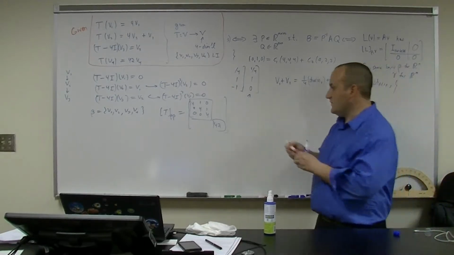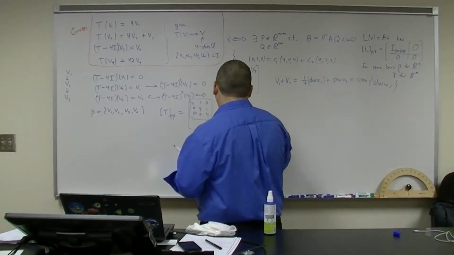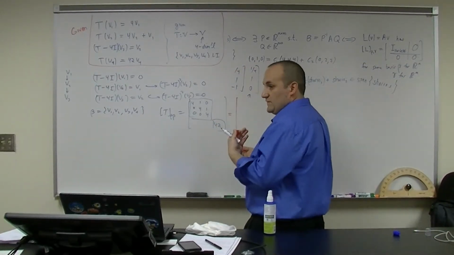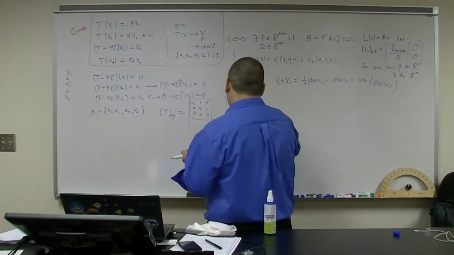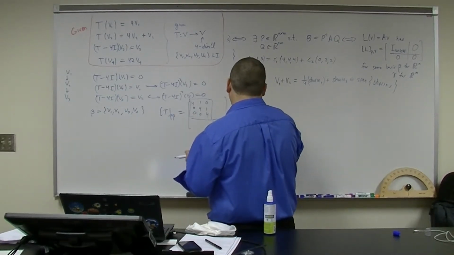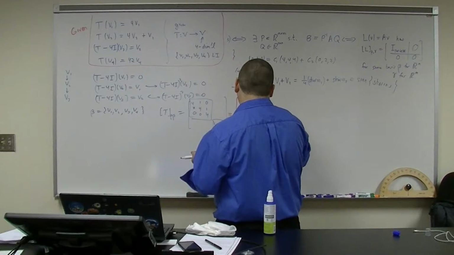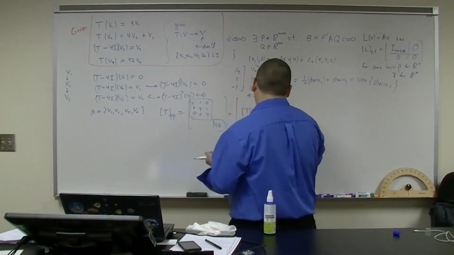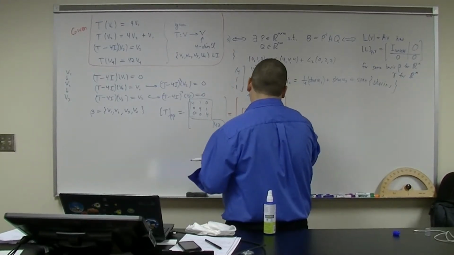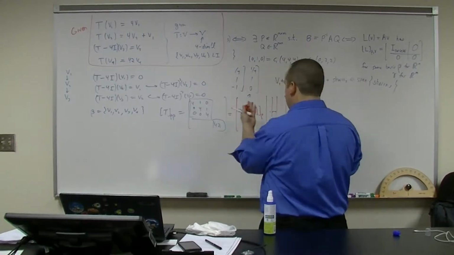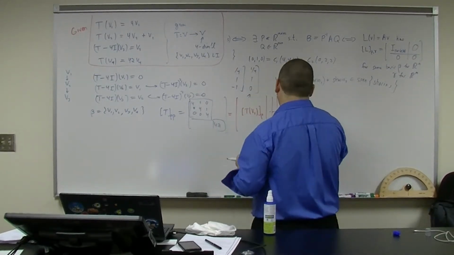If you want me to be specific, the reason I know that, although I don't actually think through this, is just a result that I know at this point, but the first column would be T of V1 in the beta coordinate system. So what is T of V1? Well, T of V1 is 4V1.